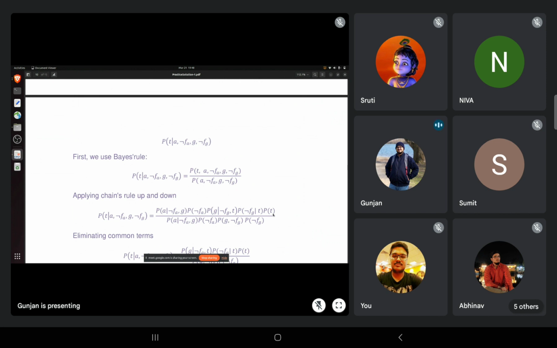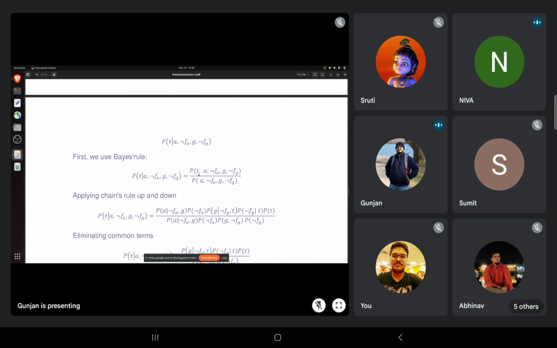Is this segregation clear or is it not clear? See, A is conditionally dependent on what? A is conditionally dependent on not FA and G. So in this term we only write A conditioned on not FA and G, and since we know all the parents of A, it is independent of all its non-descendants.